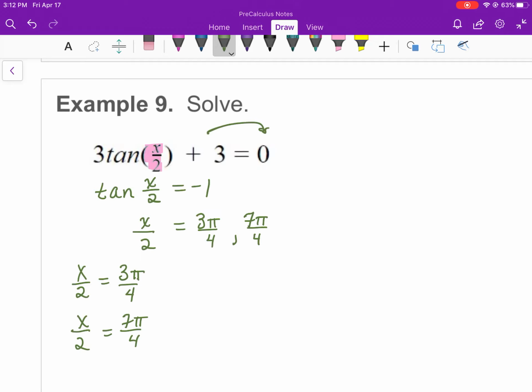Now, this problem just says to solve, so that indicates we're going to be going around the circle infinite times. If I look at these two angles and their positions on the coordinate plane, I'm going to be here and here.